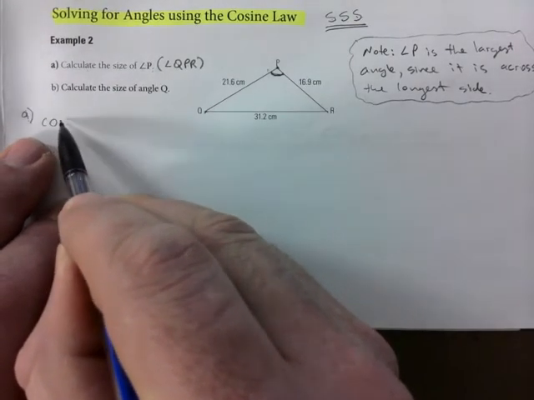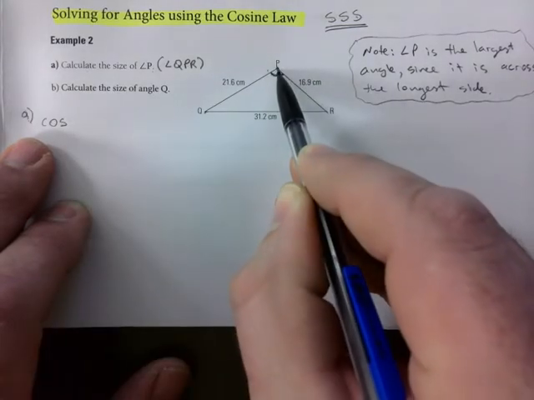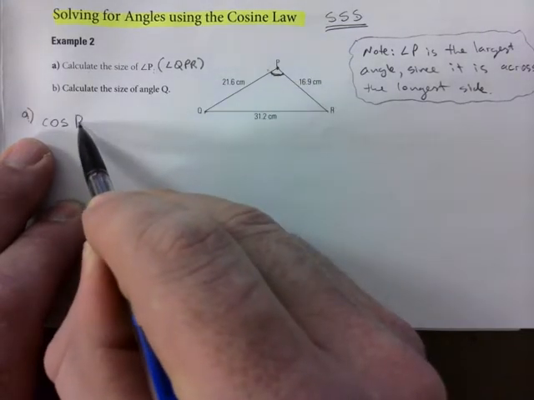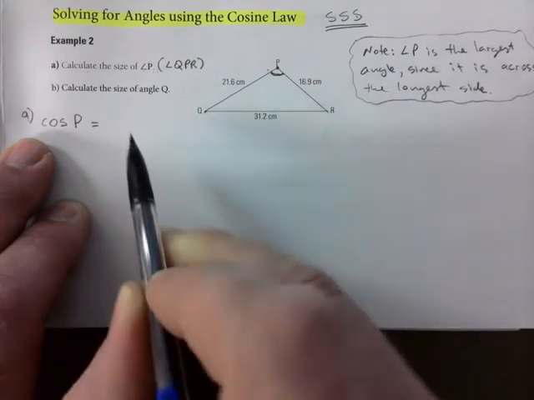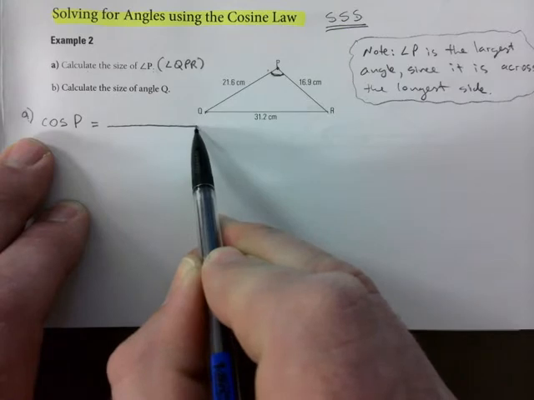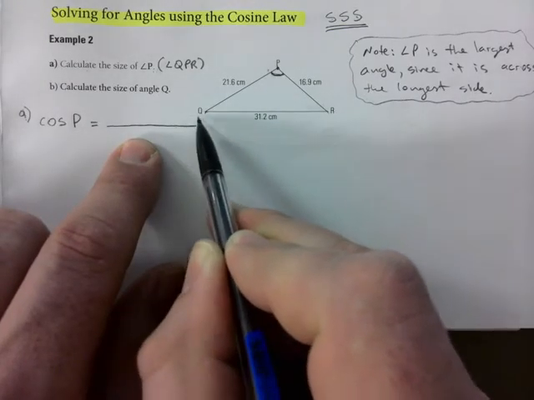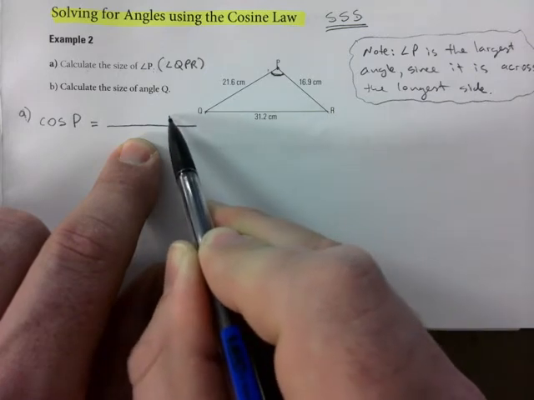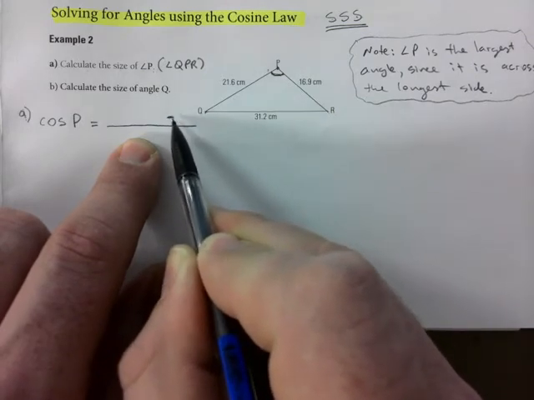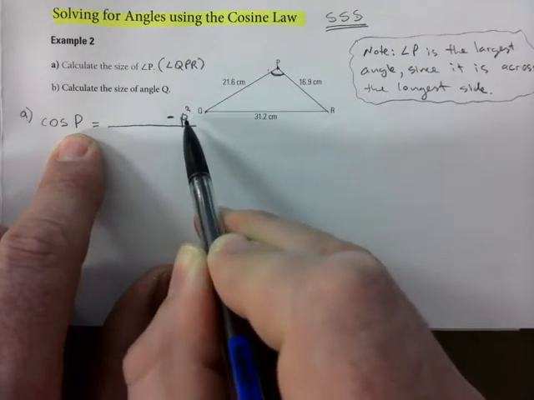If you're trying to solve for an angle, you go cosine of the angle you're interested in, which is P, is equal to, you make a line like this. Anybody remember what goes up? The most important one is back here, minus P squared, okay? That side needs to be across.